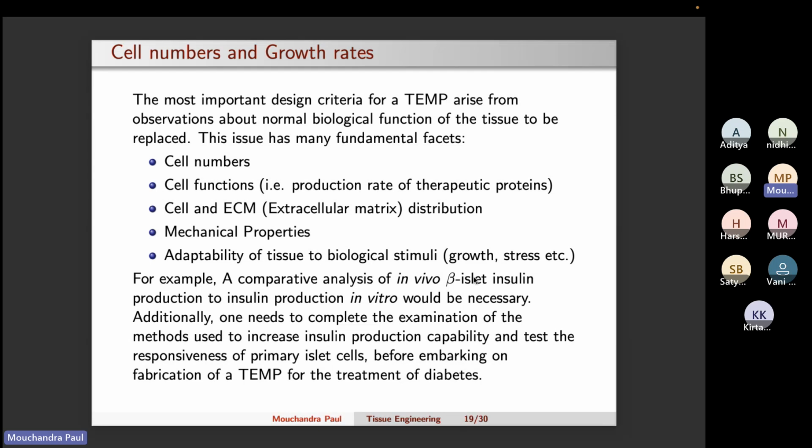Then you also have to know the mechanical property or mechanical strength of the tissue that you're looking for. For bone, the strength is very high, right? Young's modulus is very high. But when you talk about soft tissues like liver or heart, the strength you're going to look for is less. And adaptability of tissue to biological stimuli means how your tissue engineered medical product responds to some kind of biological stimuli, like electrical stimuli.